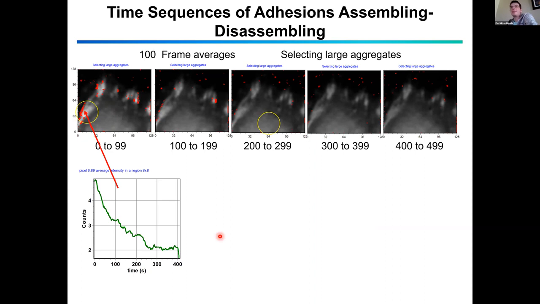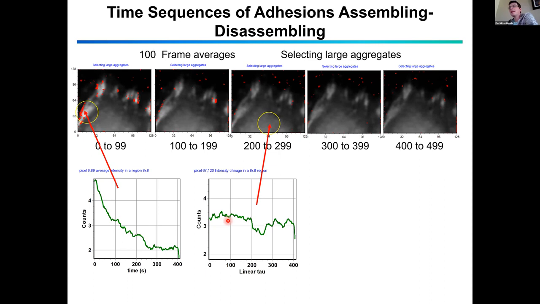Why do we think it's disassembling it? Well, if you look at the average counts as a function of time, you see it goes down in this region. So that's why we conclude that the cell was disassembling this adhesion. If you look at the cytoplasm just as a control, the intensity did not change, so it was not related to just photobleaching.